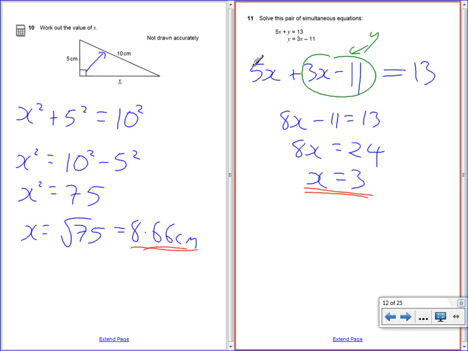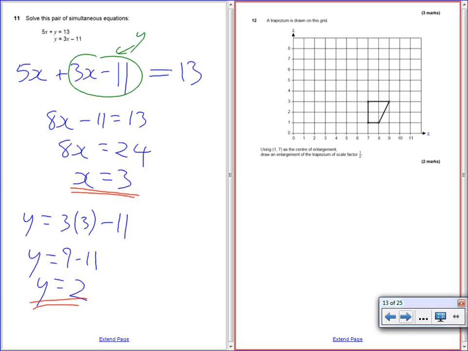And the easier equation is the second one. So instead of writing y equals 3x minus 11, I'm going to write y equals 3 times 3 minus 11, because x is 3. So y is 9 minus 11, which is minus 2. So our answer to the simultaneous equation is x is 3 and y is minus 2.